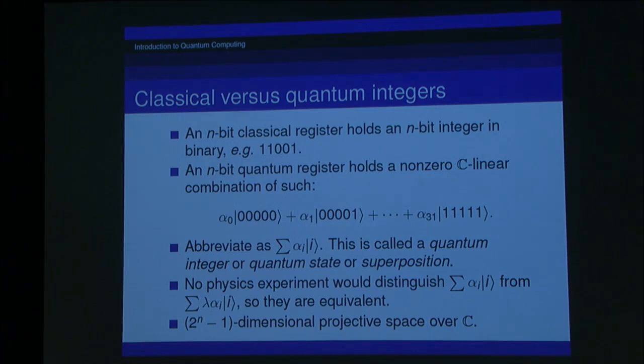This is called a quantum integer, or quantum state, or superposition. Now, it turns out no physics experiment would distinguish a sum from a non-zero constant multiple of that sum. So we really should model this as a projective space over C of dimension 2 to the n minus 1, modding out by scalars.